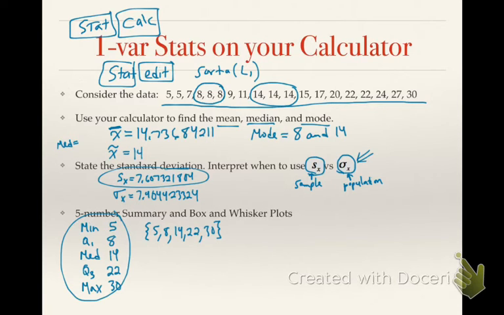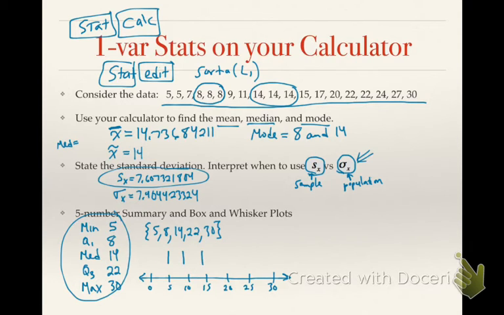Now what that means is, on your box plot, I'm going to go 0, 5, 10, 15, 20, 25, 30, spaced out pretty easily. For each of these 5 values, you create your box plot. So above the 5, I'm going to put a line. Above the 8, which is roughly about there, I'm going to put a line.